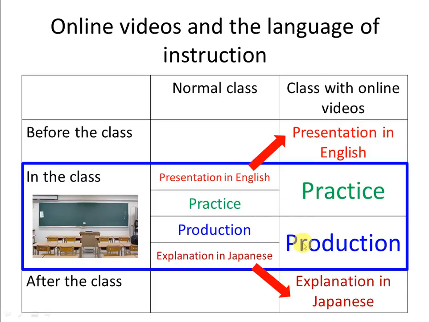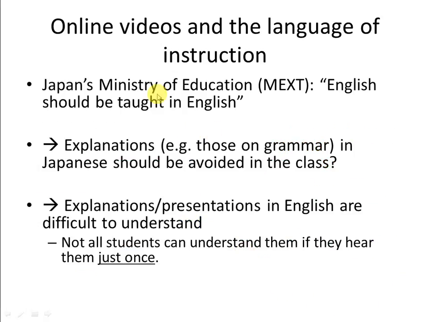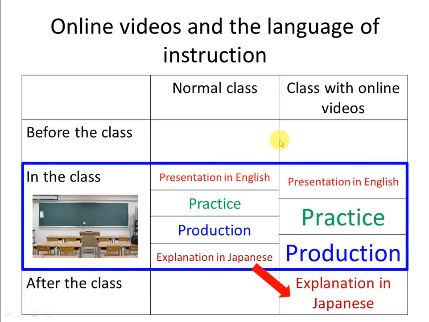You explain in Japanese in your video. So you can move this part out of the class and Japanese will disappear from your class. So you can achieve this. And maybe you can move just this part out of the class and leave this part in your class. And then everything is in English.